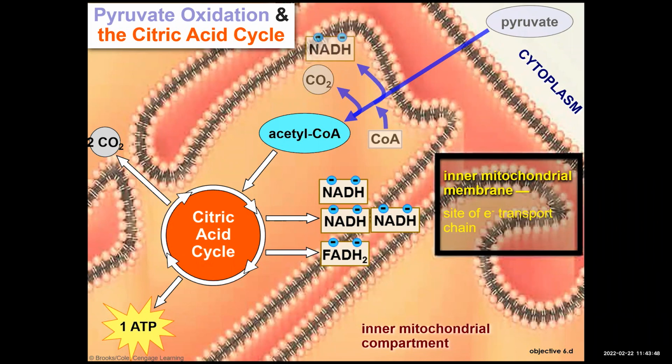How many pyruvates did we originally make? 2. So for every glucose, you are going to go through this process twice, once for each pyruvate. So you're going to make a total of 2 ATP, even though each pyruvate only gives you 1.